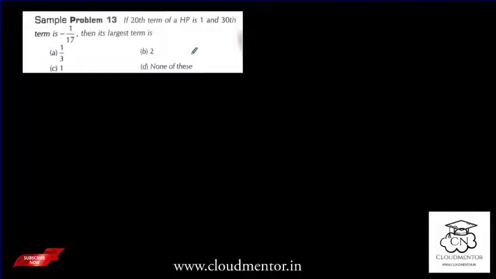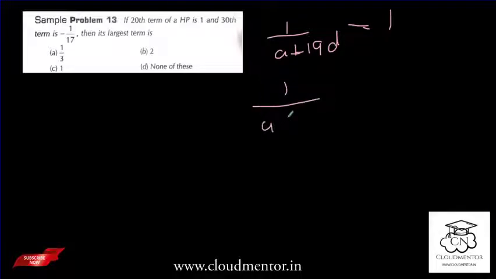So according to the definitions, that is 1 by (A plus 19D) is equal to 1, right? Harmonic progression is the reciprocal of the arithmetic progression, so I can write like this, and that is equal to 1. And also we know that 1 by (A plus 29D), that is the 30th term, is equal to minus 1 by 70, right?